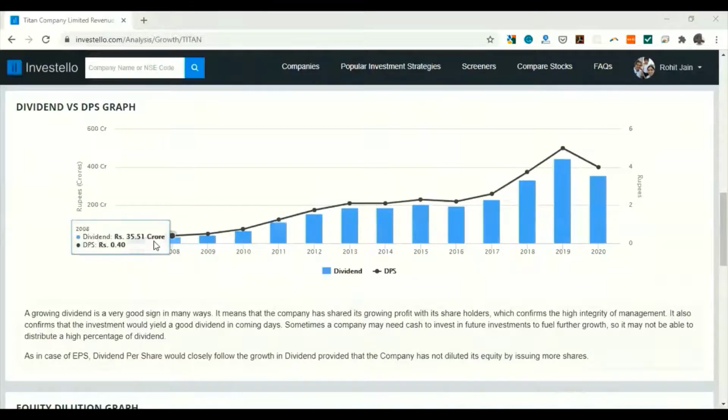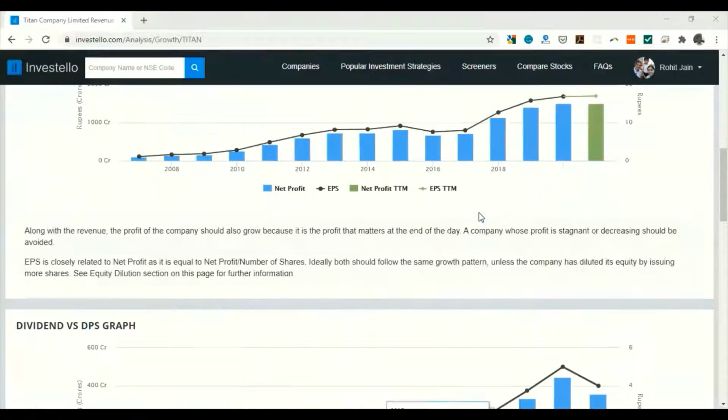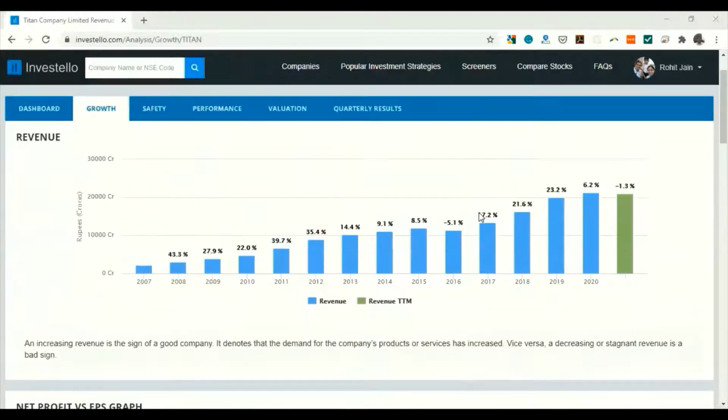Let's look at the dividend. Dividend in 2007 was 0.25 and here in 2020 it is rupees 4. So dividend has also grown by more than 15 times. So Titan has shown a really nice growth in last 13 years.